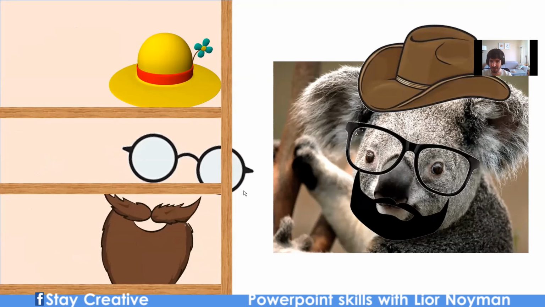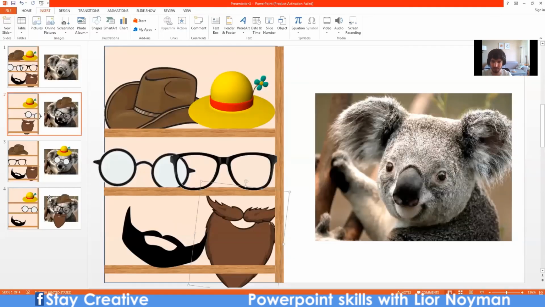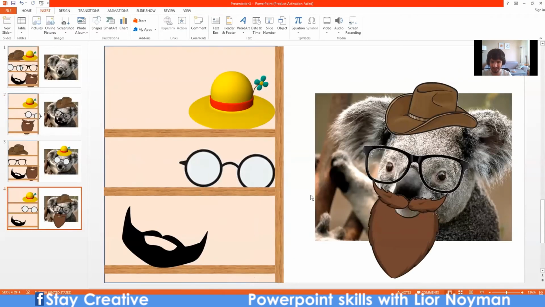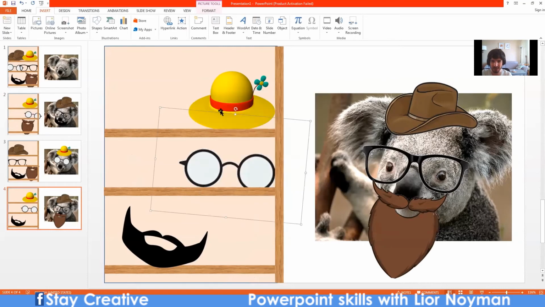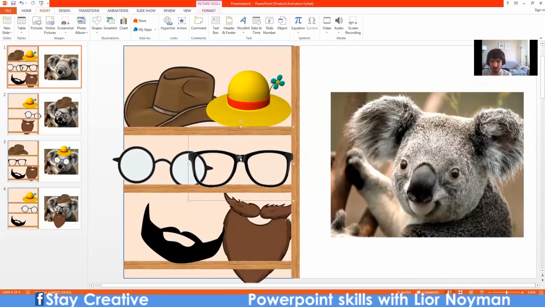But I can't. Why can't I? Because when I'm on this slide page, the fourth, the head and the bird or the glasses don't have any action, because the action we created for those items only appears on the first slide when we did it, right?